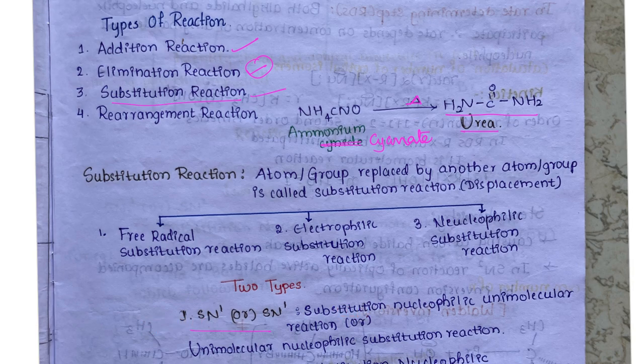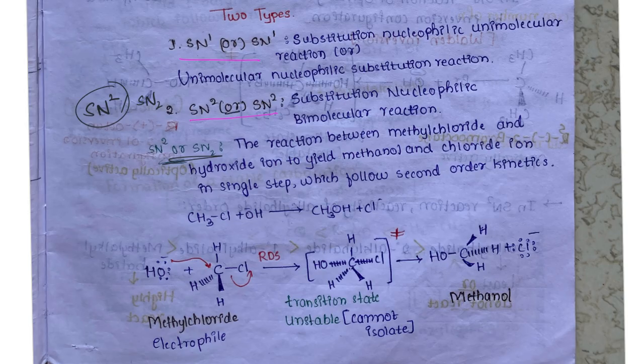Substitution nucleophilic unimolecular reaction. Here S means substitution, N means nucleophilic, and 1 means unimolecular. Another one is SN2, which can be written with the 2 as subscript, but generally this is the preferable representation. Substitution nucleophilic bimolecular, or in reverse, bimolecular nucleophilic substitution reaction. Anyway, that is the correct one.